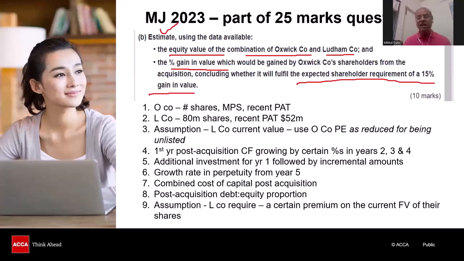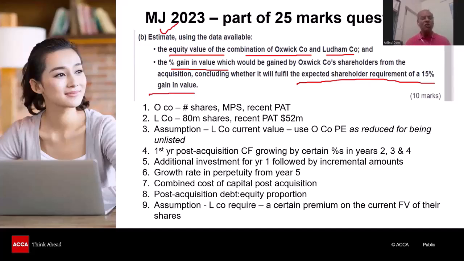And for determining the gains to the shareholder as a second part, I would prepare working notes showing how I have calculated the gains for the shareholders of O company and a separate calculation for shareholders of L company.